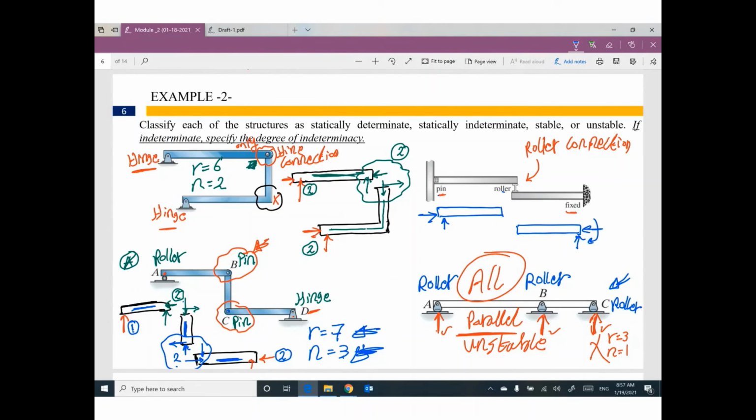Roller connection means we have only 1 reaction, the same as this one but in opposite direction. So we have 3, 1, and 2. So the number of R will be 6, and we have only 2 parts. So I can figure out the relationship between the number of equations and the number of unknowns.